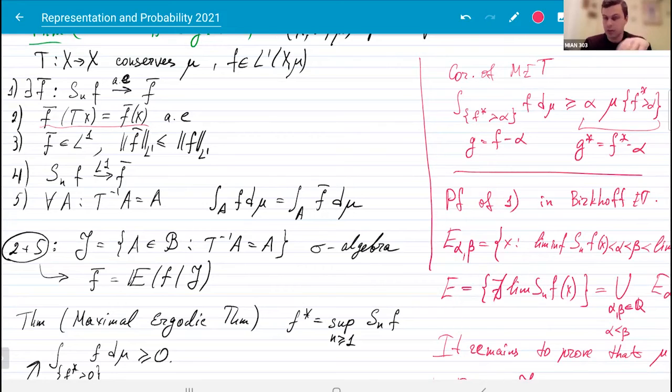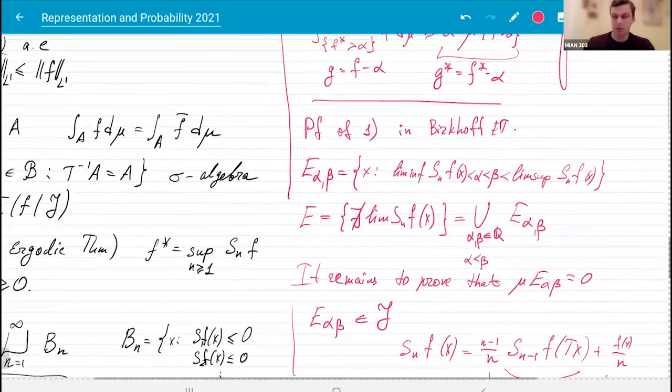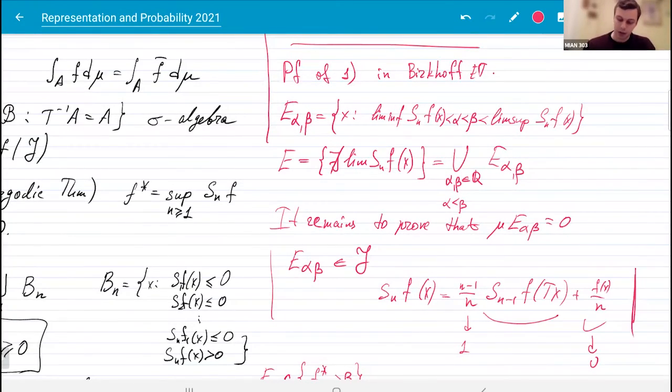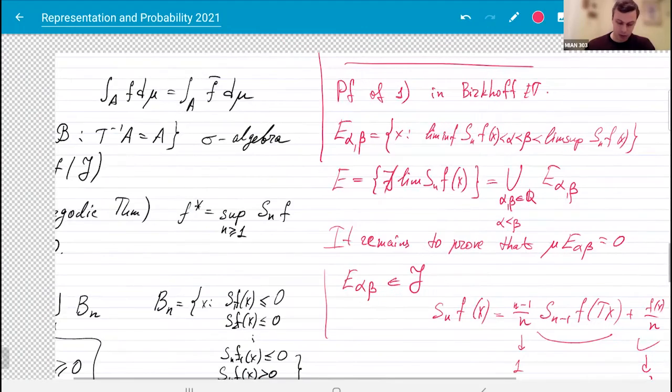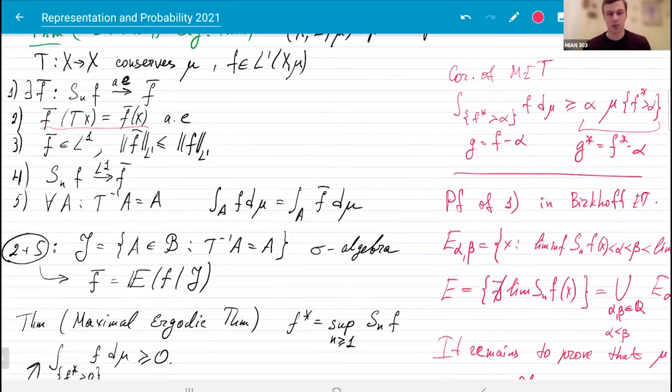Of course, the more precise proof is again something like this formula, but it is more or less this. Everything else is also some not too difficult exercises in elementary functional analysis, and I want to skip it.